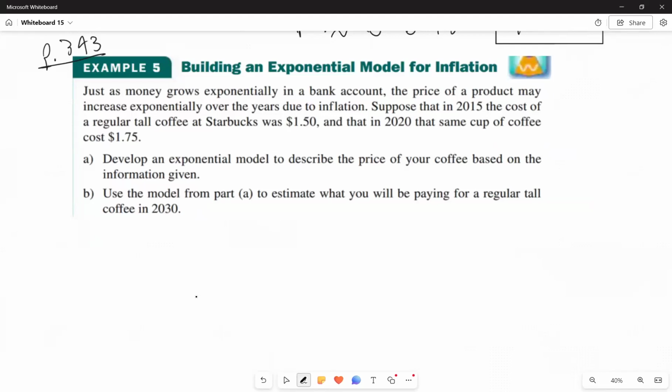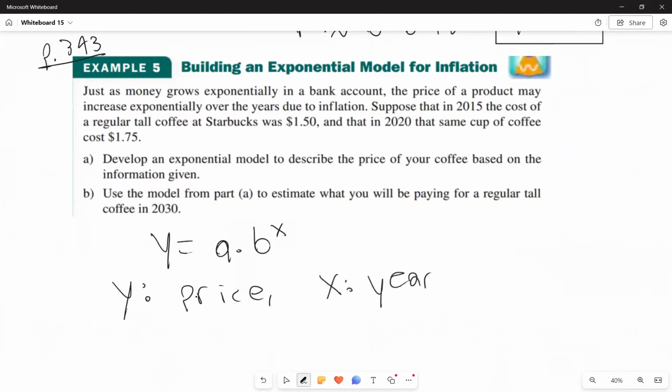Okay, so we are going to find an exponential model. Y equals A times B to the power of X. So we have 2 points. So we're going to call Y the price. Remember the problem solving strategy, give names to unknowns, and X is the years after 2015.